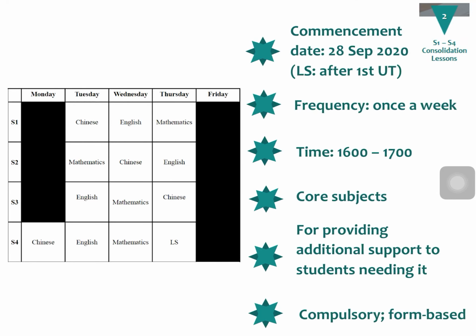For all subjects but liberal studies, the consolidation lessons will start on the 28th of September, when some of you start feeling that you may need a bit of support in following your learning schedule or progress. Each consolidation lesson lasts for about an hour and is conducted weekly. It is targeted at core subjects, as I mentioned earlier. Participation in the consolidation lessons is by invitation, and the details will be given to you by your subject teachers in due course.